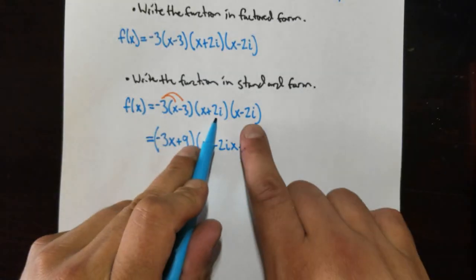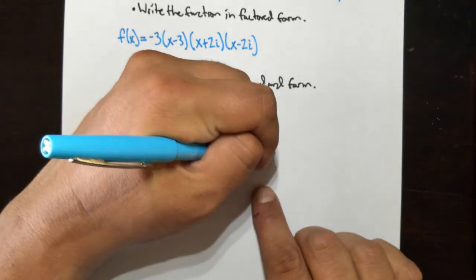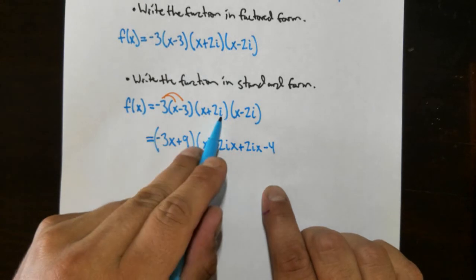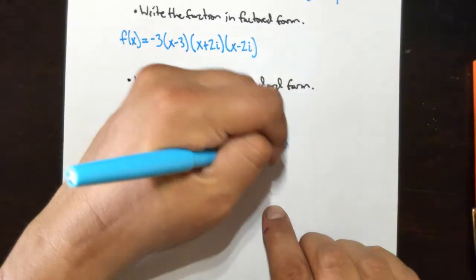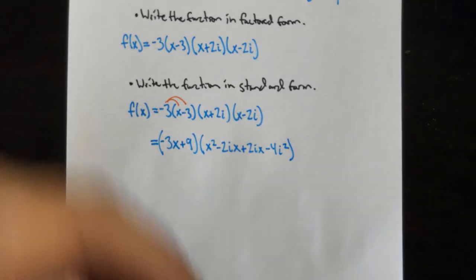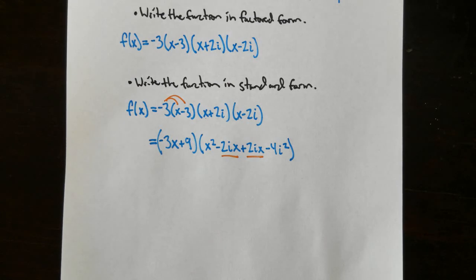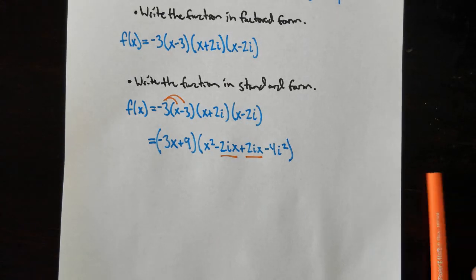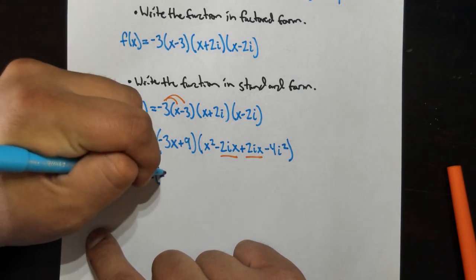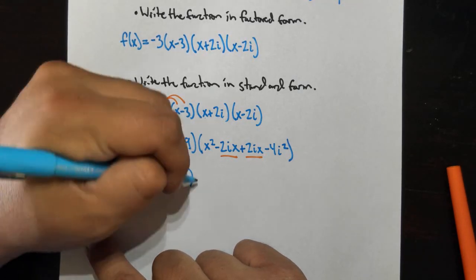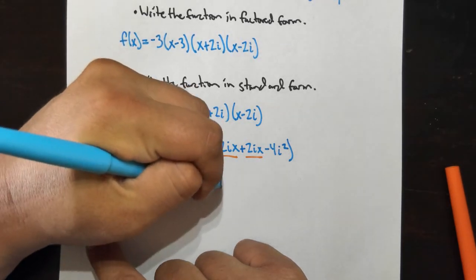And then 2i times negative 2i, that's going to be negative, let's see, 2 times 2 is 4. i times i is i squared. So negative 4i squared. And then notice these will cancel. Our like terms in this case cancel. 2ix is the same as 2ix, so we can combine those. So I could actually rewrite this one as negative 3x plus 9 times x squared minus 4i squared.